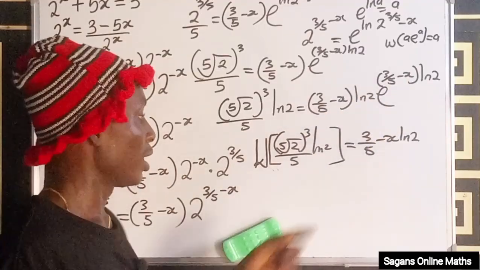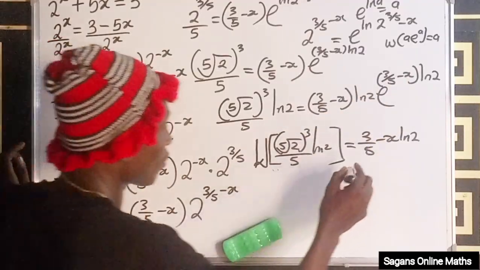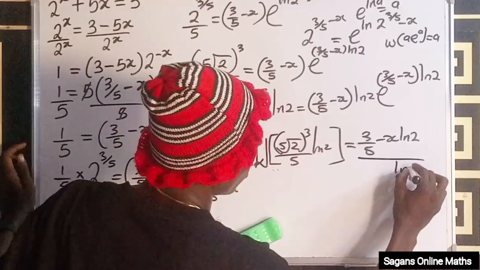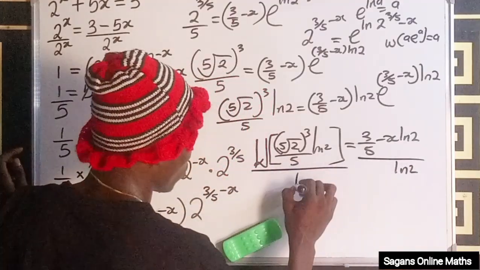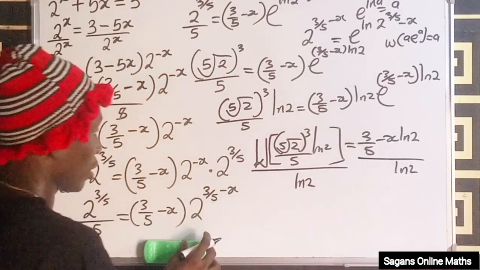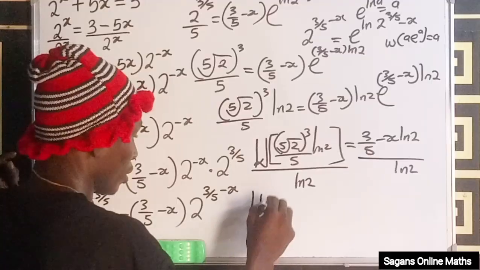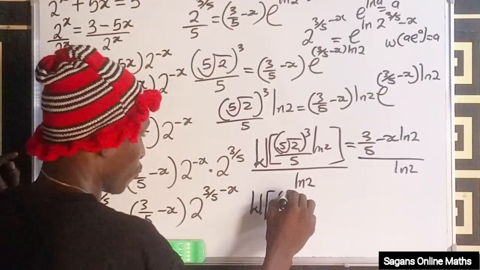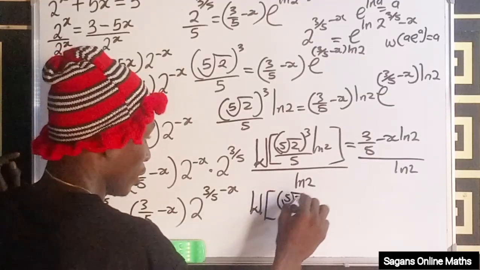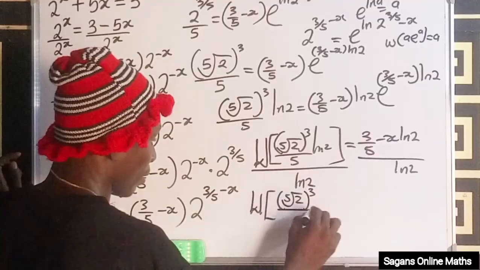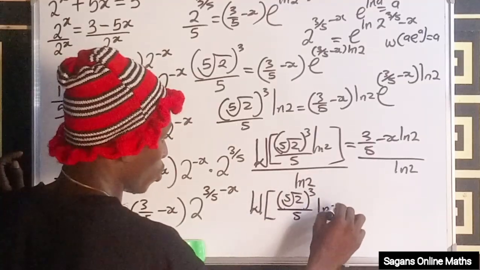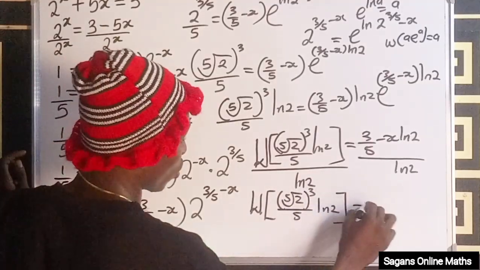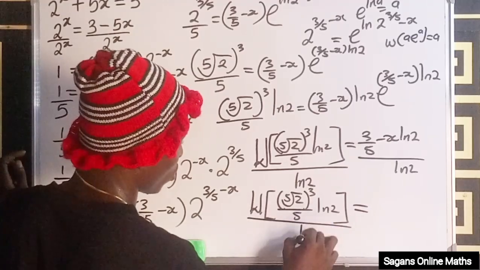Just this, right? Now I divide both sides by ln 2, and divide the whole of this by ln 2. Okay, so the W function, then bracket, the fifth root of 2, then all to the power of 3 divided by 5, ln 2, is equal to all divided by ln 2. Take note.